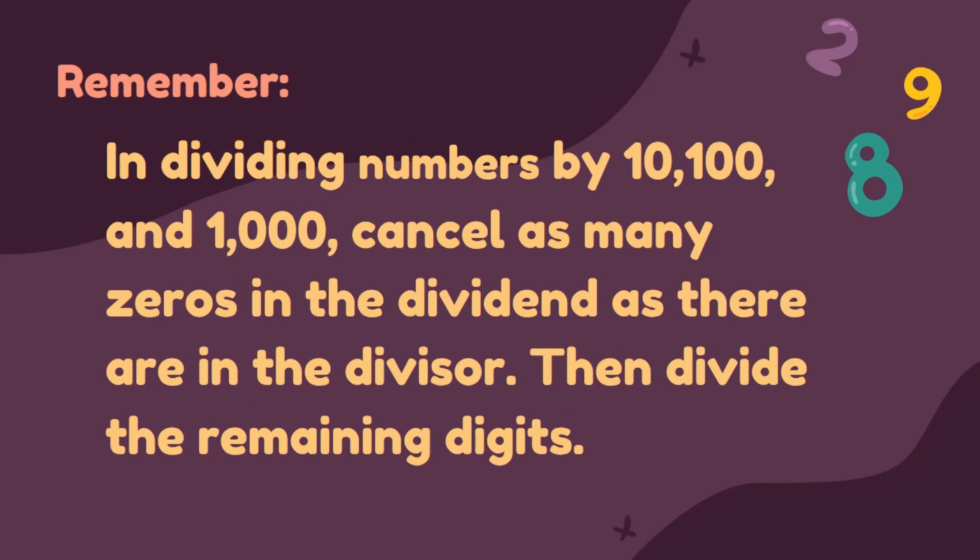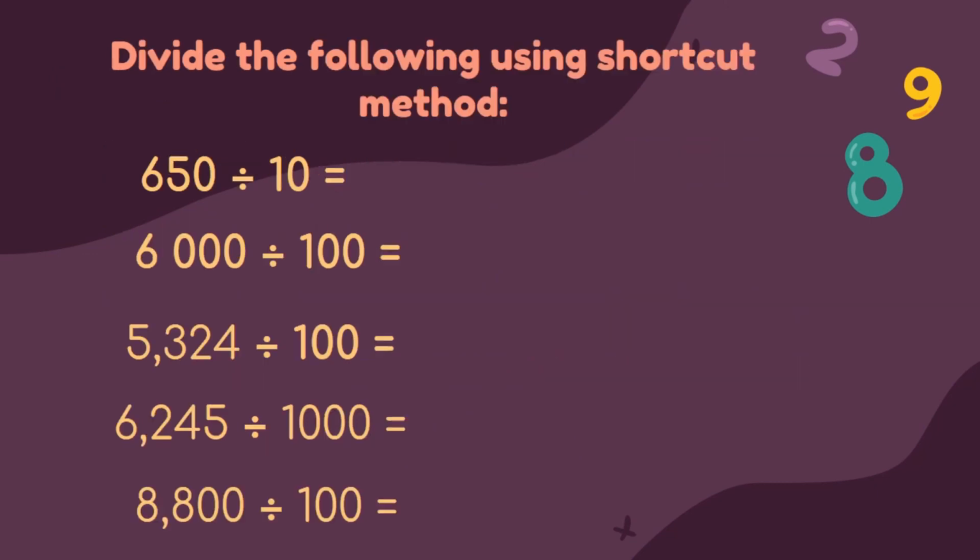Remember, in dividing numbers by 10, 100, and 1000, cancel as many zeros in the dividend as there are in the divisor. Then divide the remaining digits. Try to divide the following using the short method.